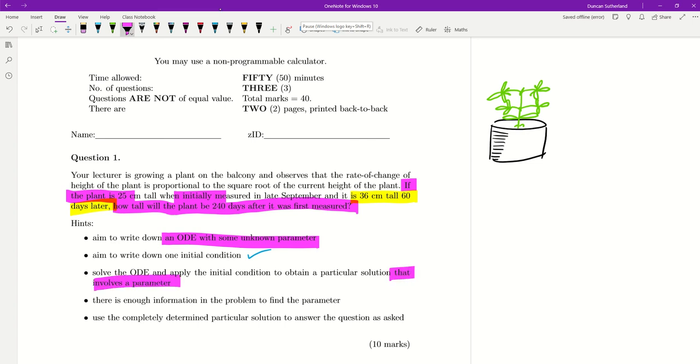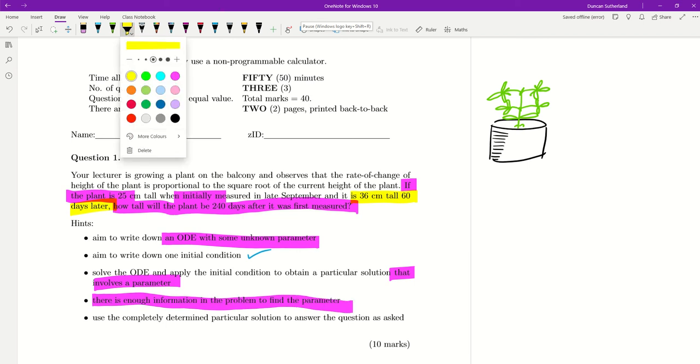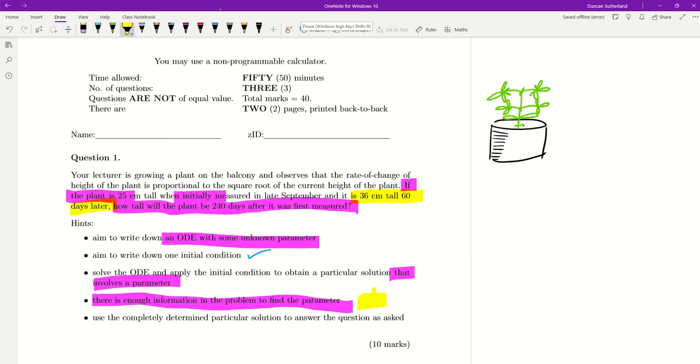The hint then assures me that there's enough information in the problem to find the parameter. And I should realize that that is this 36 centimeters tall 60 days later. That piece of extra information that I apparently don't need, that's what's going to help me find this parameter. Once I've got the completely determined particular solution, I can answer the question that I was asked to solve.